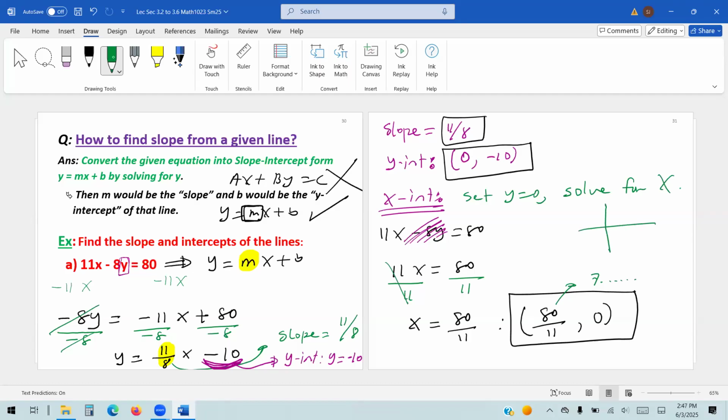So when you graph, if this is 7 and this is 8, it's somewhere here between 7 and 8. And our y-intercept is -10. Let's say this is -10, somewhere here. And then you connect with a straight line. So -10 is a whole number, we can graph it, but the fraction is not a whole number, so you have to estimate.